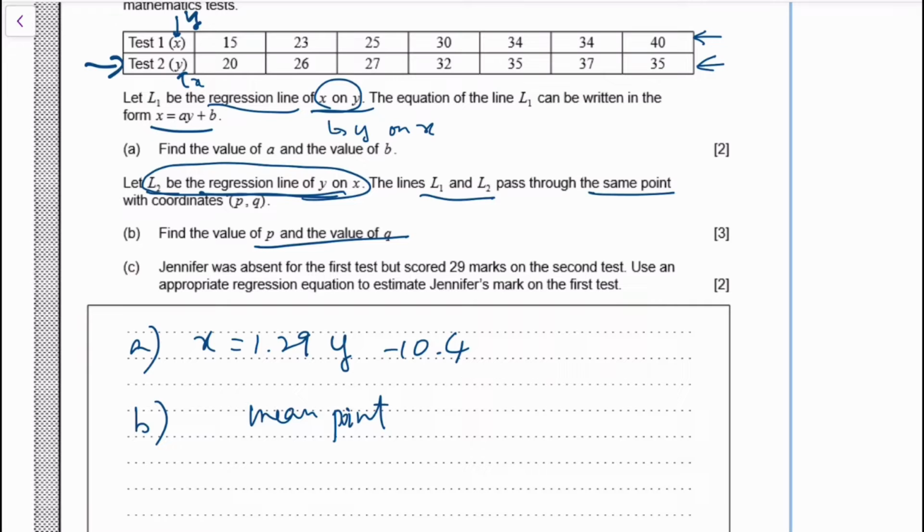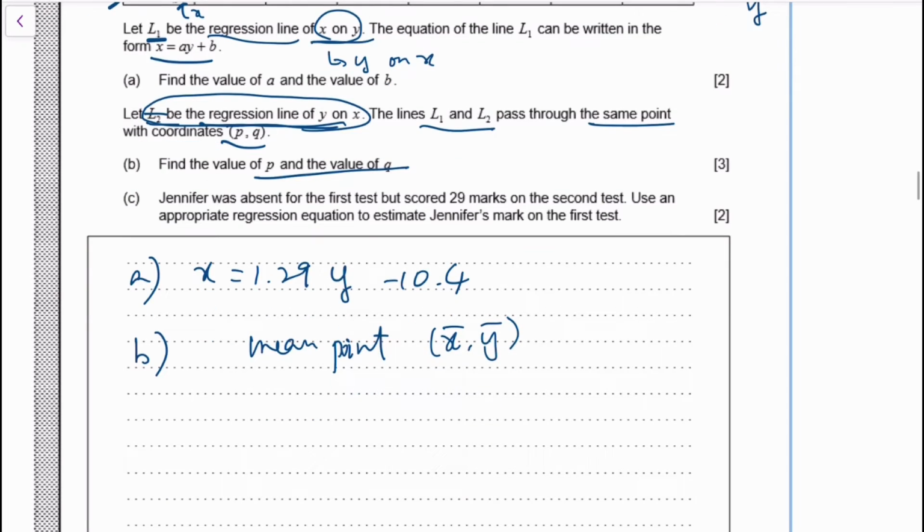Okay, mean point being you find the mean of x, called x bar, you find the mean of y, called y bar, and the regression line always passes through the point x bar, y bar. That means both L1 and L2 have to pass through that point. So that's the point that you're looking for. So P is just x bar, Q is just y bar.